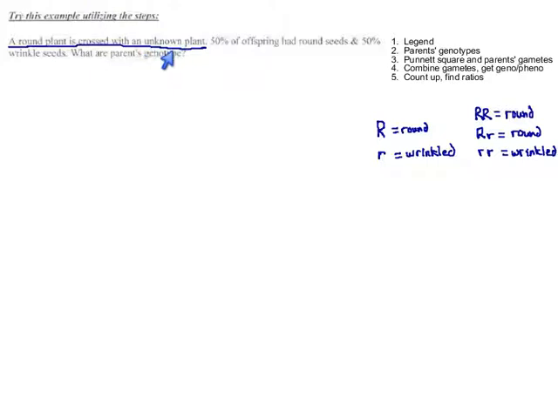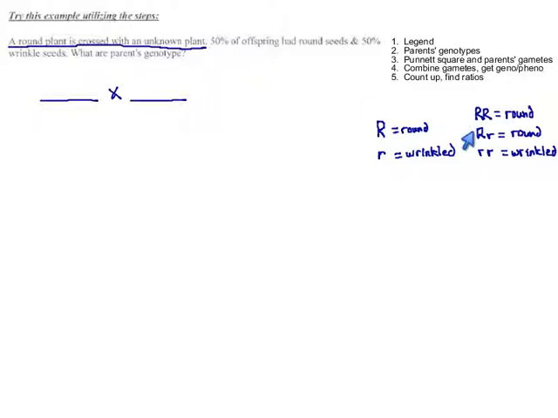First of all, we have an unknown plant, so one of our parents we don't know a thing about. We don't know if they're big R big R, big R little r, or little r little r. There's just zilch. The other plant they tell us produces round peas, but even that is not very firm, because either big R big R or big R little r produces round peas.